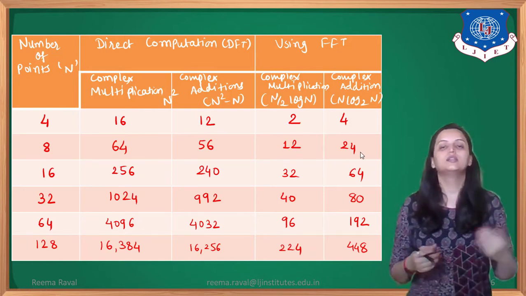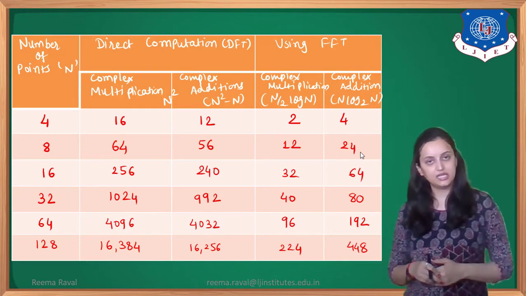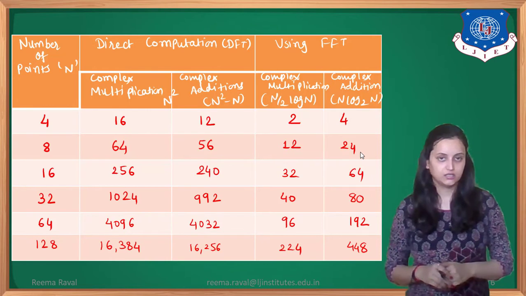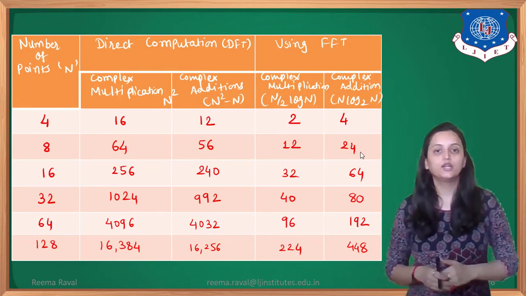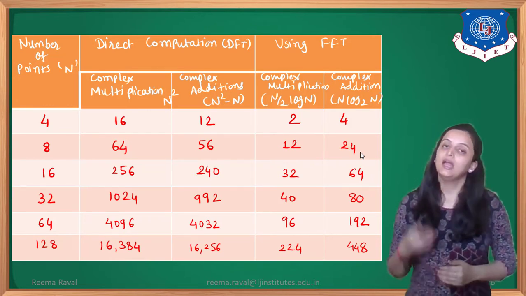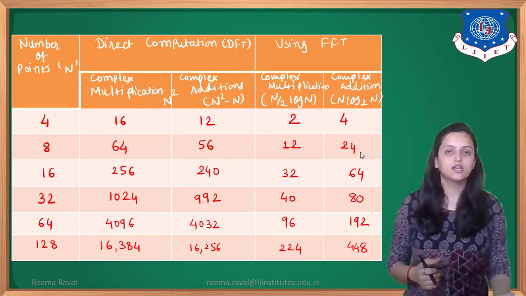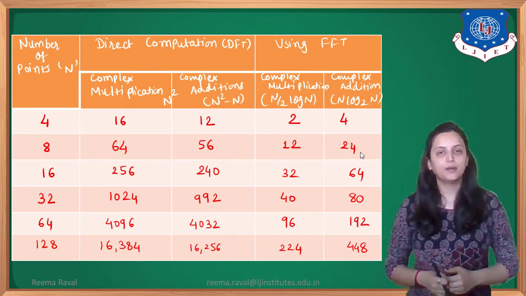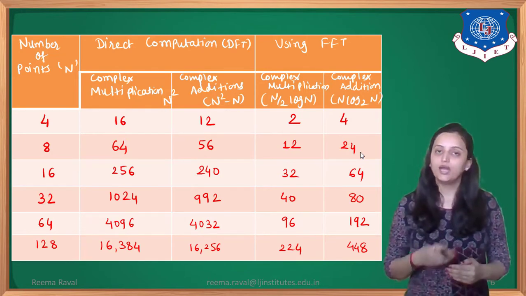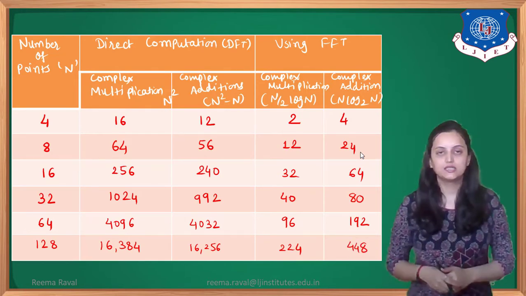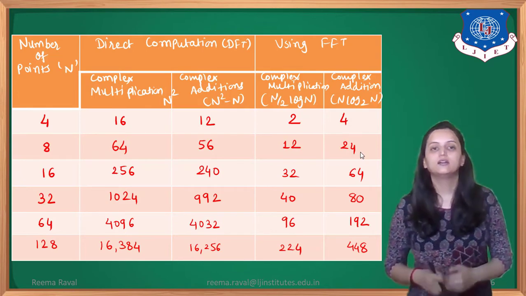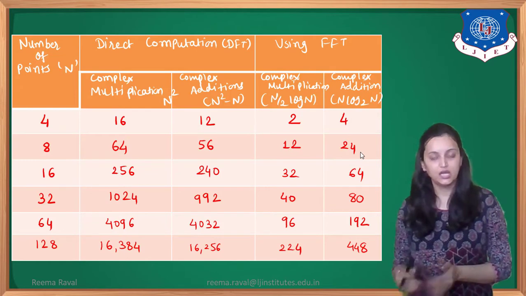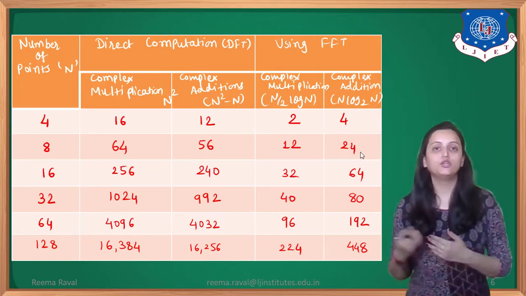Next, if we take the number of points N equals 16, you can see that the complex multiplications are 256 and the complex additions are 240 for DFT, and for FFT it is 32 and 64 respectively. So as you can see from this comparison table, as we increase the number of points, the complex multiplications and complex additions are more in DFT as compared to FFT.